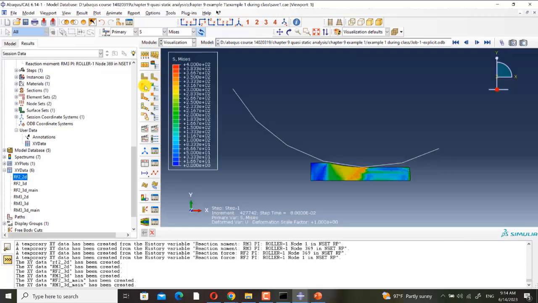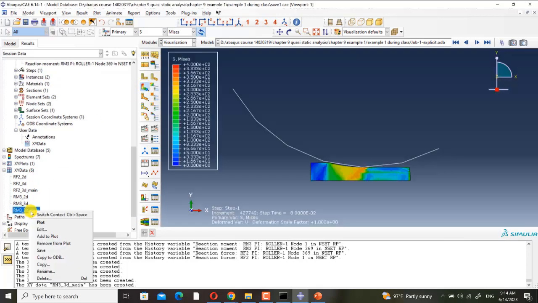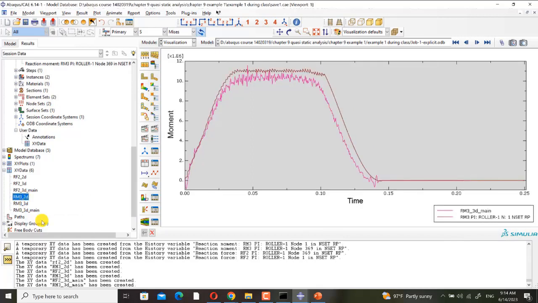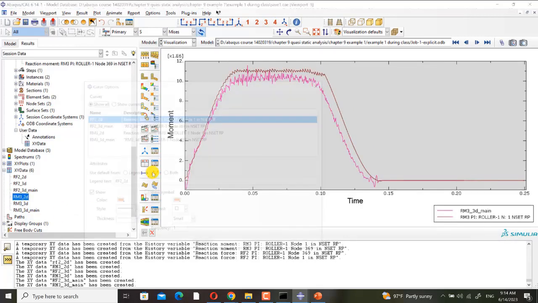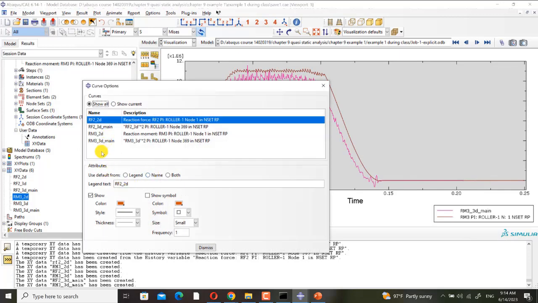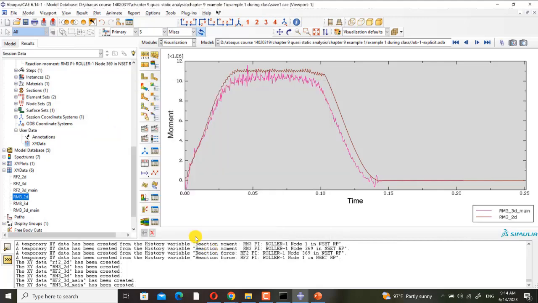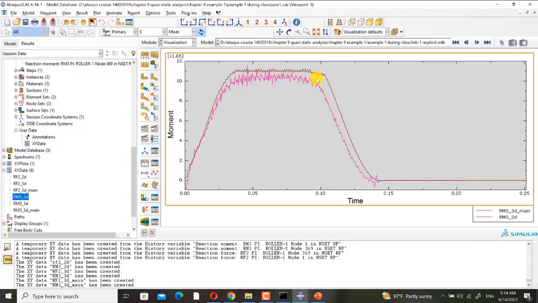And here RM3, and also here we have a similar explanation.